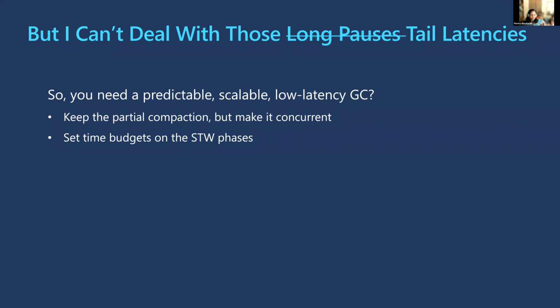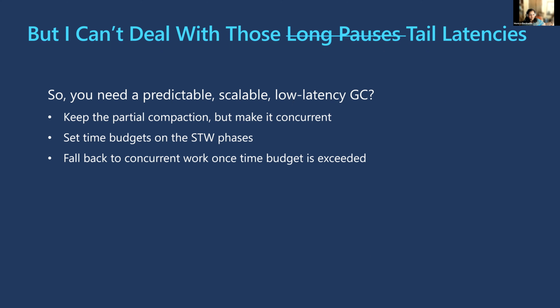Then, what do we do if we exceed the time budget? We just cannot say, oh, I give up, right? So the next thing is to let the concurrent phases help out. Do some of the work concurrently, and then go back to stop the world. So instead of an entire 10 millisecond pause, you could do something like a 2.5 millisecond pause, then concurrent work, and repeat.